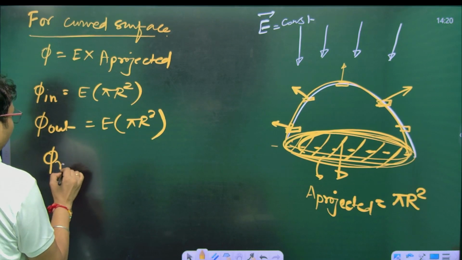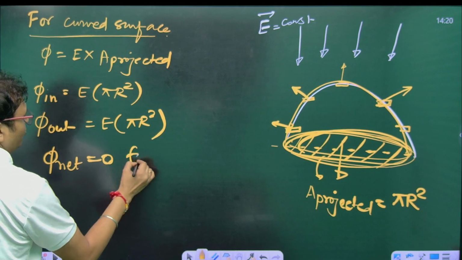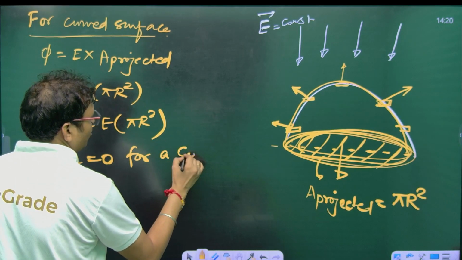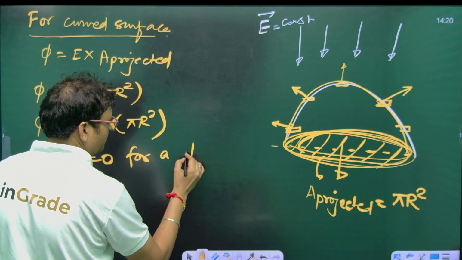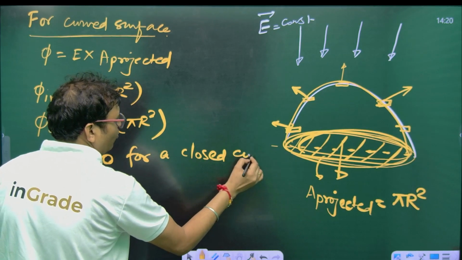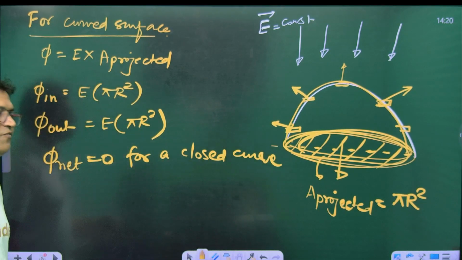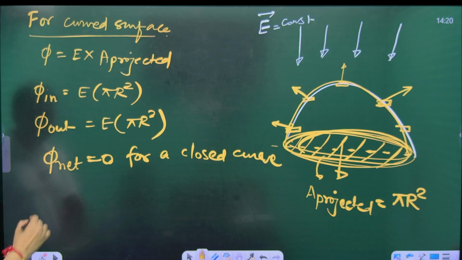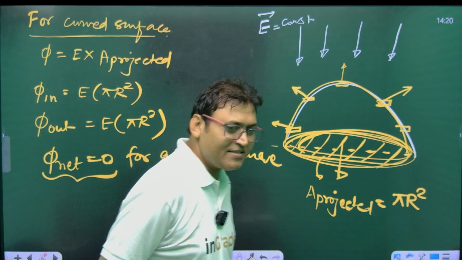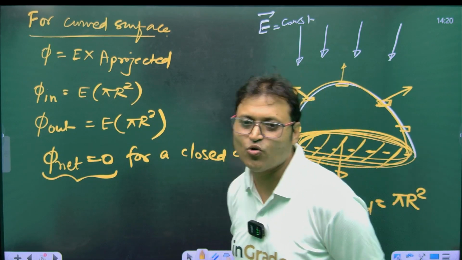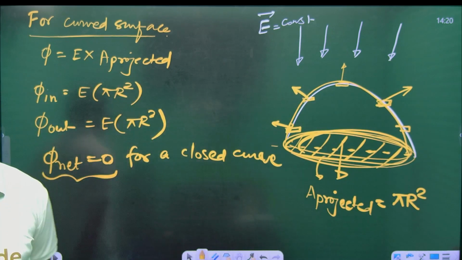So phi net is equal to 0 for a closed surface kept in a uniform electric field, unless there is a charge enclosed by the surface.